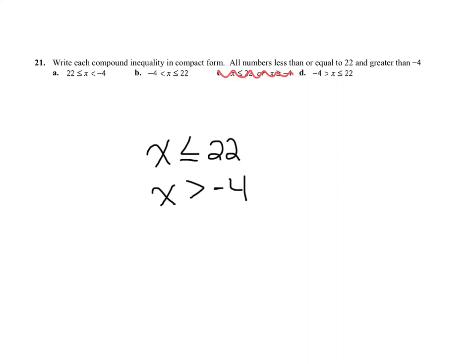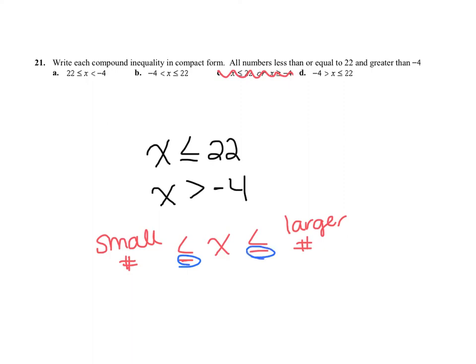So remember, when we're writing something in compact form, we start with the smaller number first. So small number, then less than or equal to, depending on the situation, x, less than or equal to, depending on the situation, the larger number. So these all depend on the situation. So let's talk about our situation. We have -4 as our small number, so that's the guy who leads us off.